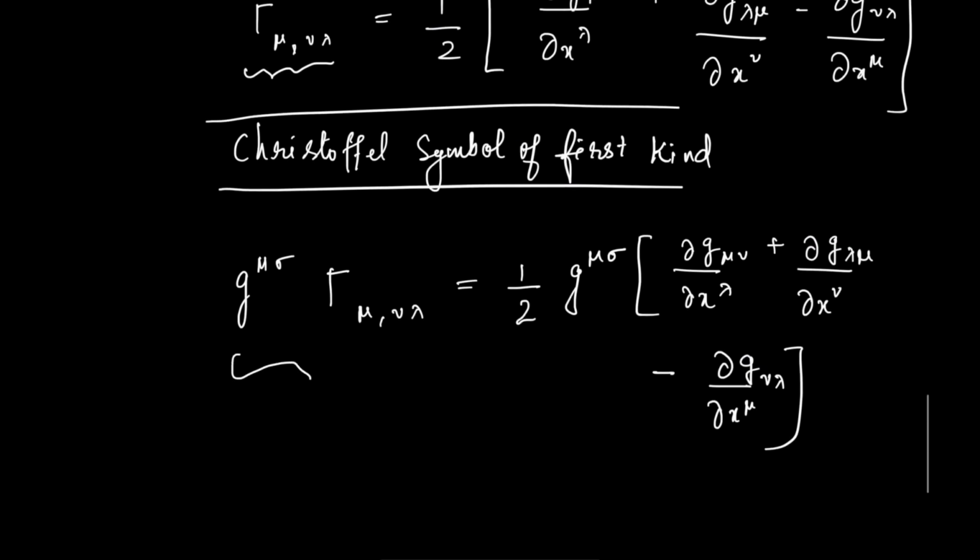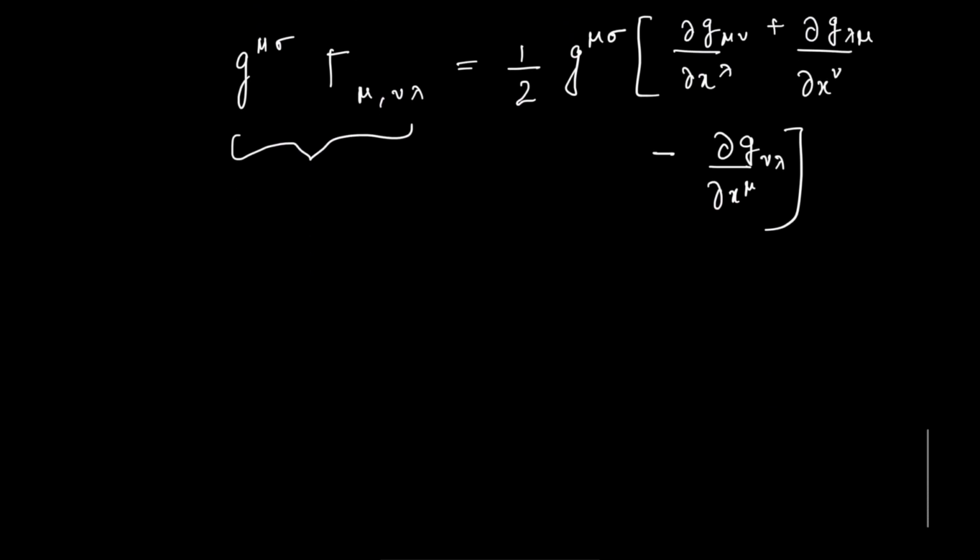Now this quantity, the fundamental metric tensor multiplied by the Christoffel symbol of first kind, will give you the Christoffel symbol of second kind.